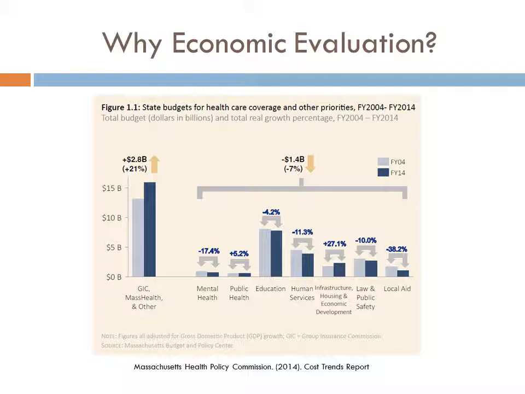So this is an analysis of Massachusetts state spending from 2004 to 2014. And over on the left side, you can see there has been a large increase in the healthcare spending that the state does. But over on the right-hand side, you can see that at the same time, there's been a decrease in most other areas that the state has responsibility for spending.